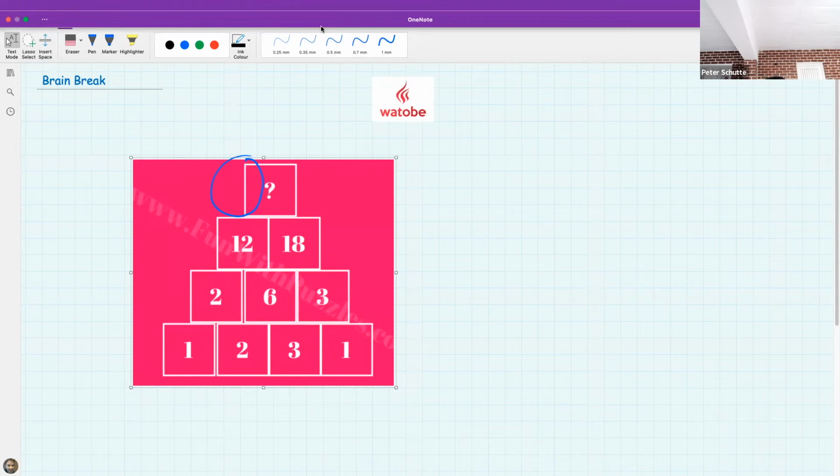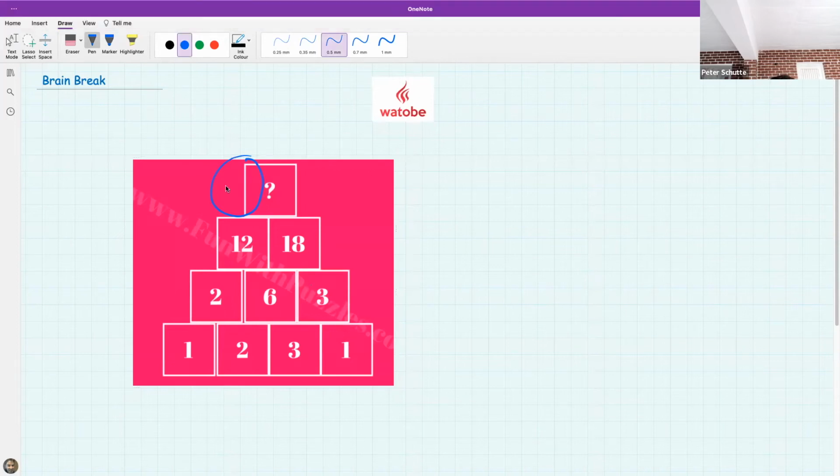Can you just see my OneNote screen now? Yes, I can. Okay, what do we think this pattern is? I'll give you a little hint. These two interact to give me this one. These two interact to give me this one. These two interact. That's my tip. Now, if you keep following that idea, what do you think is going to happen?